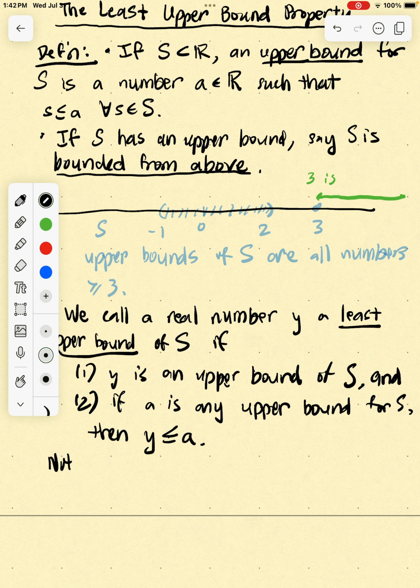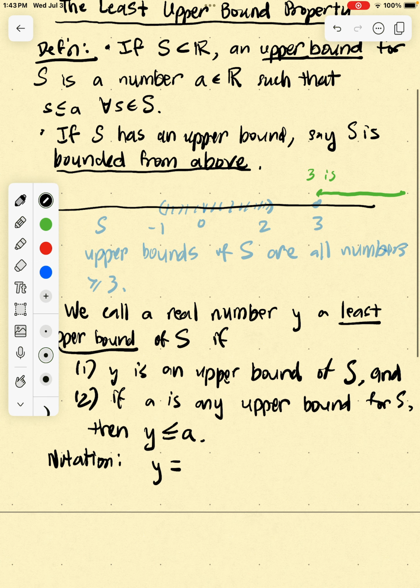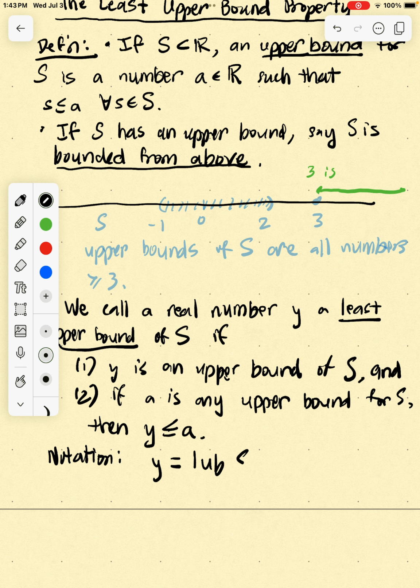The notation for the least upper bound is LUB of S, or sup S. Sup stands for the supremum. So in this example, 3 is the supremum of S.